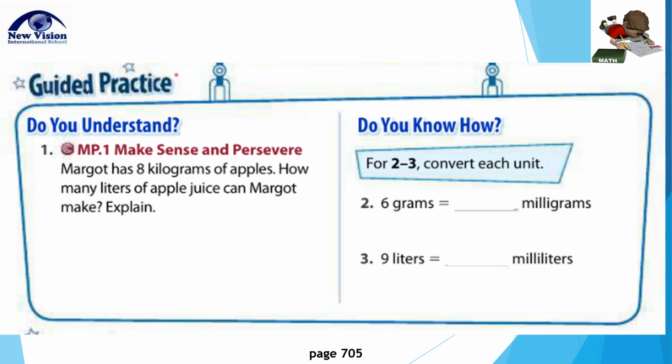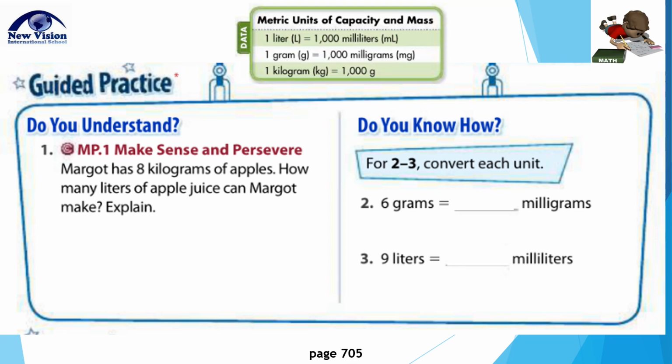Let's answer the guided practice. Number 1. Margot has 8 kilograms of apples. How many liters of apple juice can Margot make? Explain. Before you answer the problem, make sure that you memorize the conversion table of metric units of capacity and mass. 1 kilogram, there are 1,000 grams.